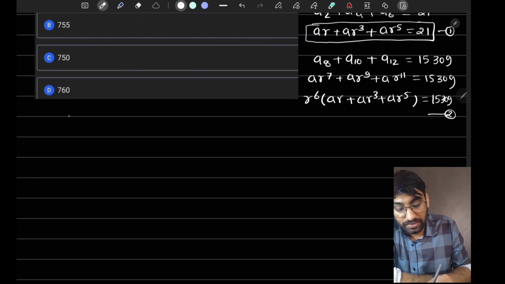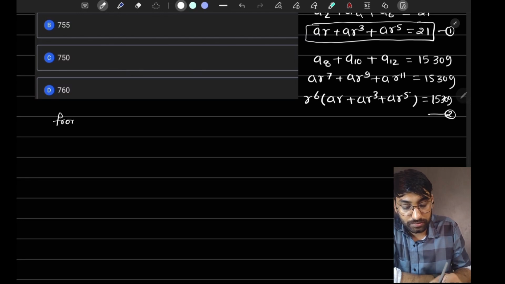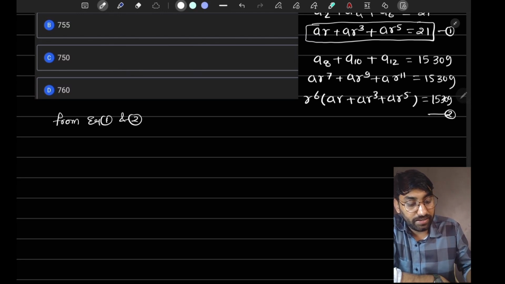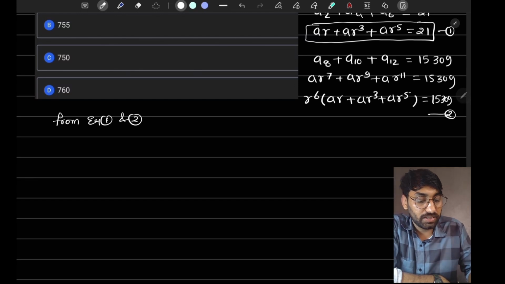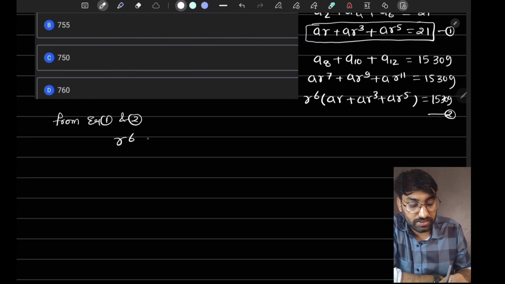So what will I get? From equation 1 and 2, we can write this value of AR plus AR cube plus AR power 5 as 21. So I will get R power 6 into this value, which is 21, equal to 15,309. Correct?